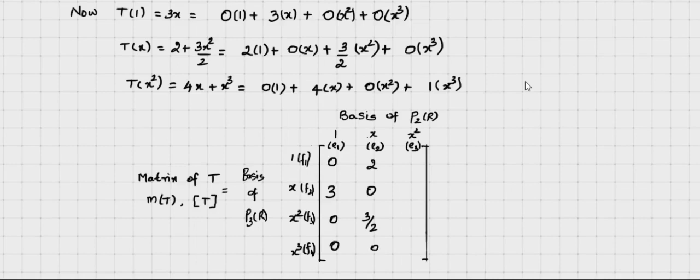The coefficient of 1 is 0, for x it is 4, for x square it is 0, and for x cube it is 1. Check the order of the matrix. It is 4 cross 3. Okay. This is how you should find the matrix of a linear transformation.